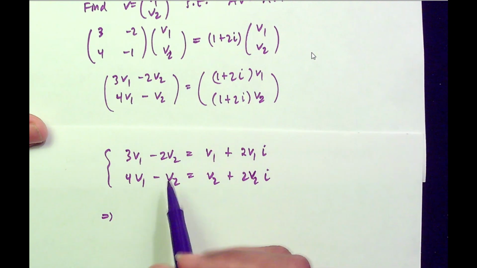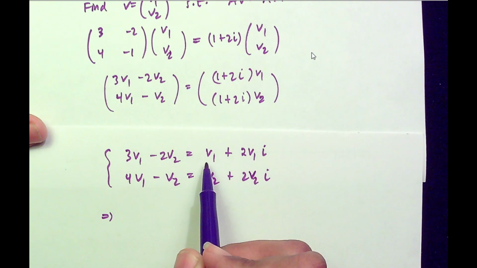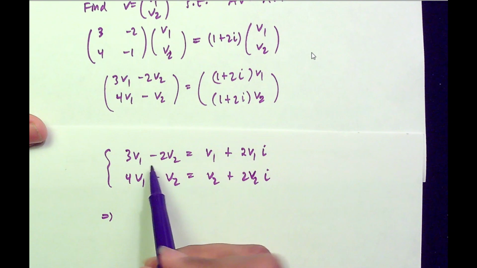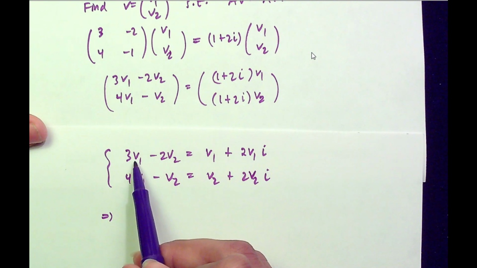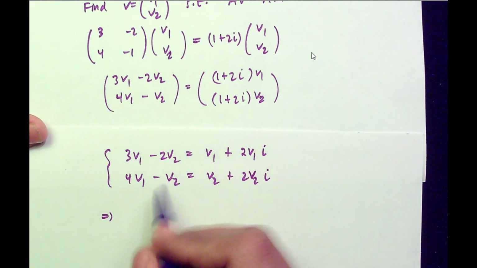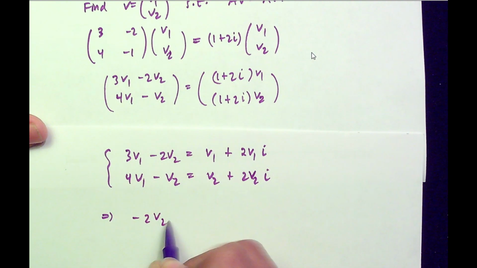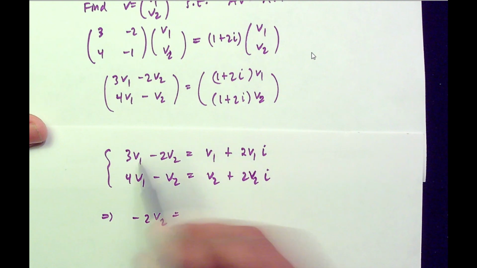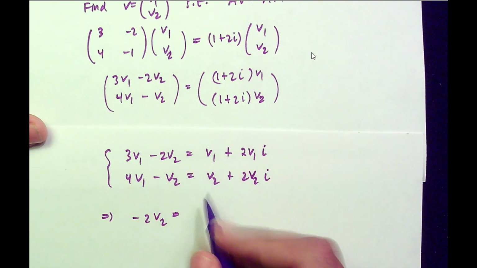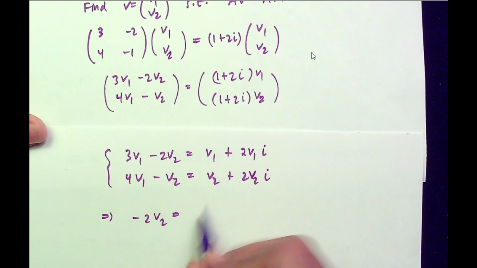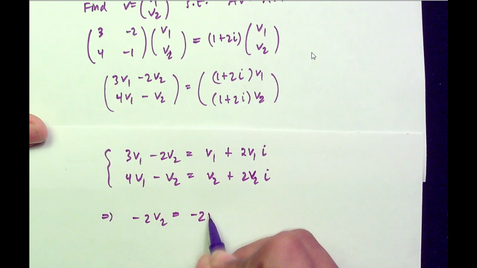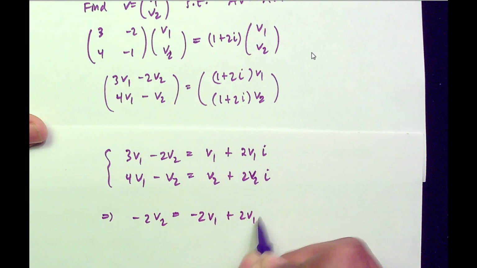If I move all the v1, this v1 over here, I move this v1 over here. Let's do that. So you're going to get -2v2 equals, and then when you subtract 3v1, you're going to have -2v1 plus 2v1i.